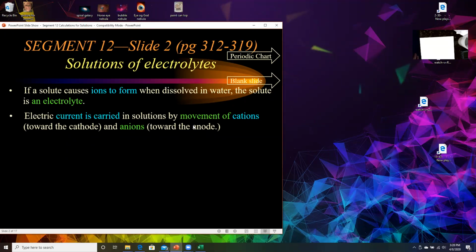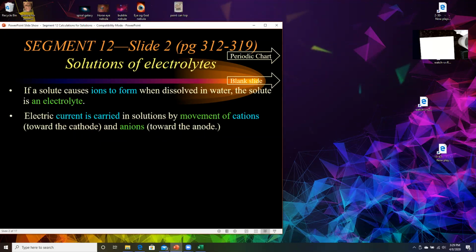If I put two electrodes into a solution to see if it carries a current, and I have one of the electrodes positive, the other one negative, attached to a battery or something like that, the positive ion is going to move toward the negative electrode, and the negative ion is going to move toward the positive electrode.